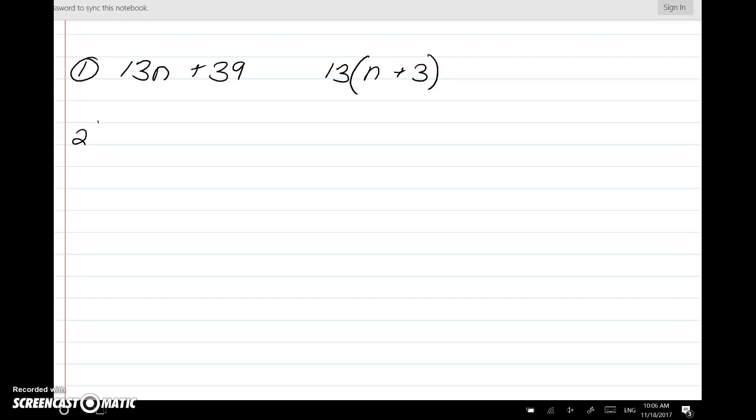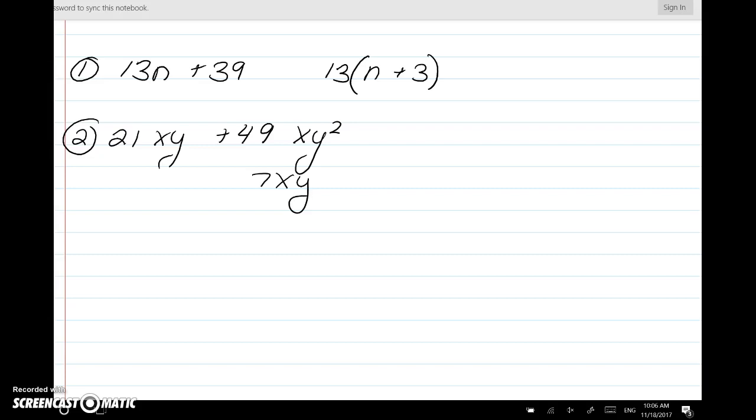Number 2, 21xy plus 49xy squared. And try it on your own. The answer will appear in a few moments. Okay, the common terms are 7xy.